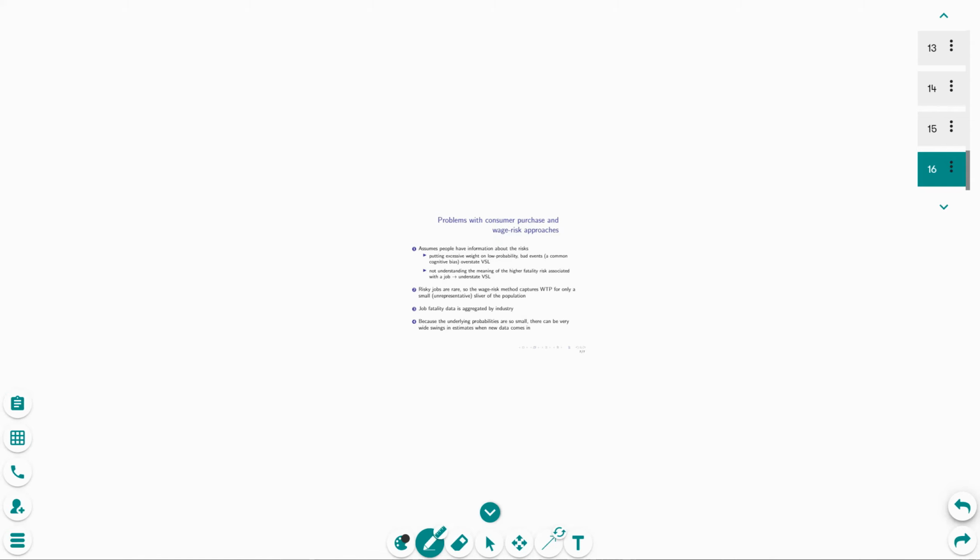The third problem, bullet point number 3, is that the job fatality data is aggregated by industry. It takes a little bit more digging to find out what people are actually doing in their occupations. If you just look at industry level data, you'll have secretaries that work in a mining company being grouped together as working in the mining sector along with the coal miners themselves. And that industry aggregated data might not give you a good sense of what the risks actually are for the specific people earning what they are in those jobs.